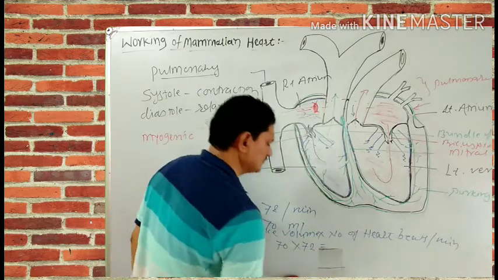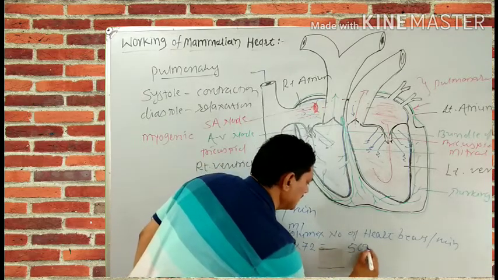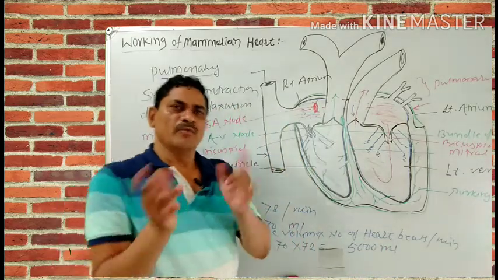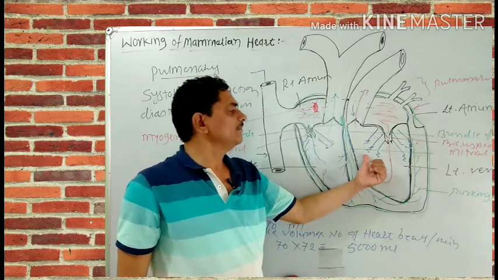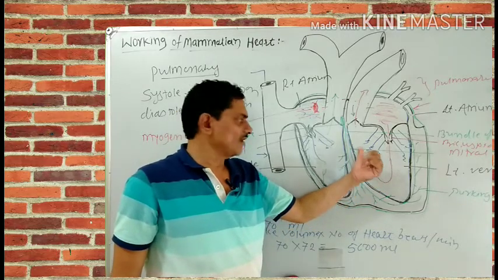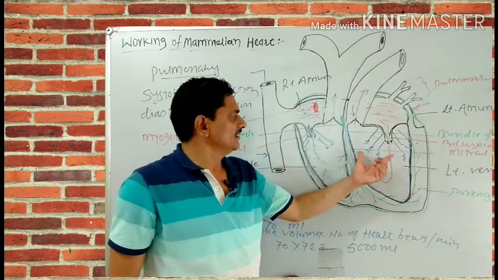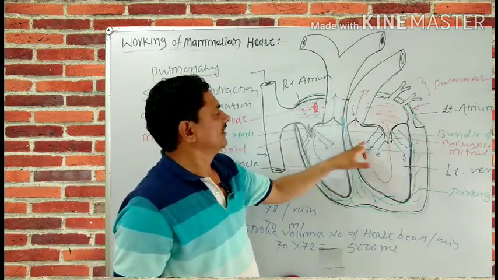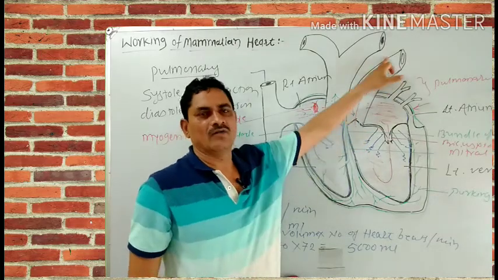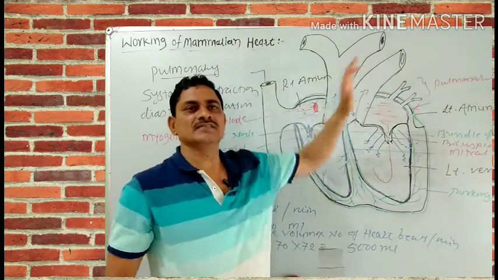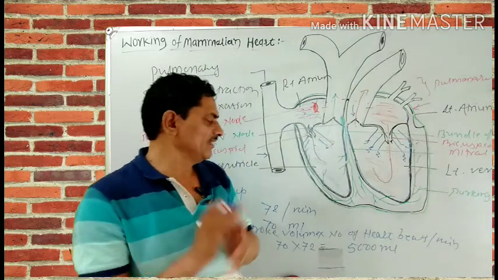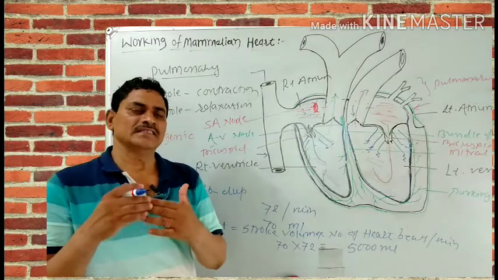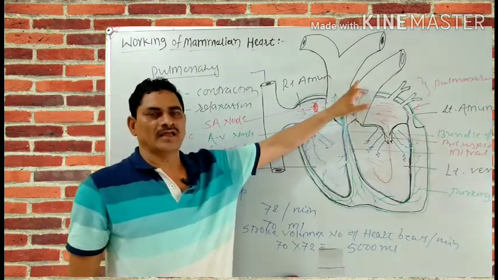When we calculate these two figures, it will be approximately 5000 ml. So per minute through this left ventricle, about 5000 ml of oxygenated blood is passed through the aortic arch for the systemic circulation. In 1 minute, about 5000 ml of oxygenated blood is carried by the aorta.